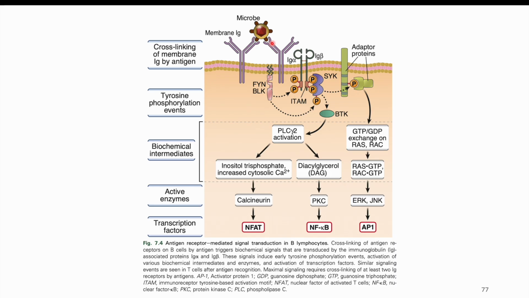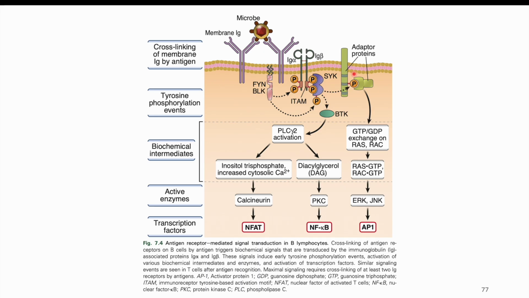Then what will happen? This will lead to some structural changes, and here majorly it is a tyrosine phosphorylation event. Once the immunoglobulin binds to the antigen, it leads to a change in this ITAM receptor, which gets phosphorylated. Earlier it was not phosphorylated, later it gets phosphorylated.